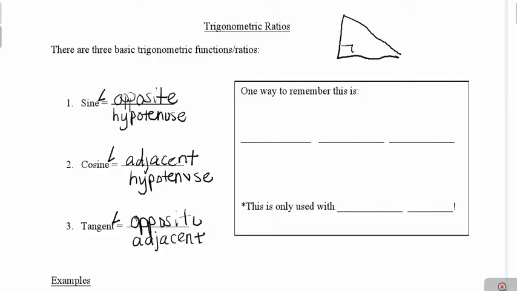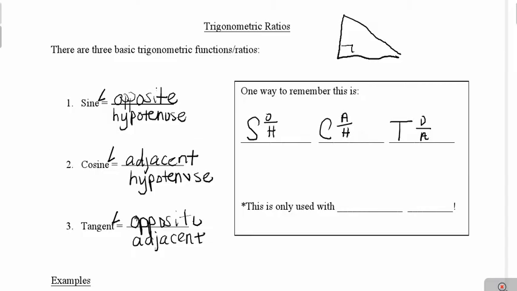One way to remember it is just to think of SOHCAHTOA. Sine means opposite over hypotenuse. Ka means adjacent, so cosine is adjacent over hypotenuse. And then tangent is opposite over adjacent. So if you just remember SOHCAHTOA, then you'll have those three ratios memorized.